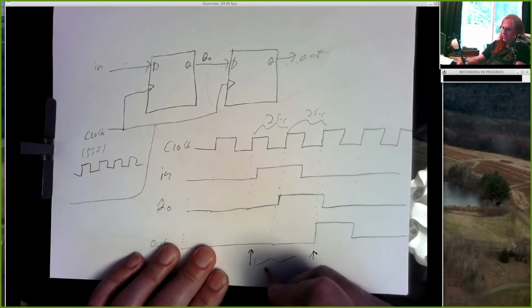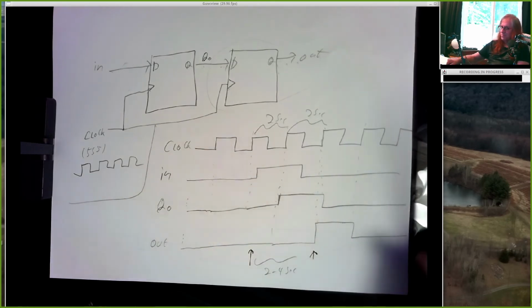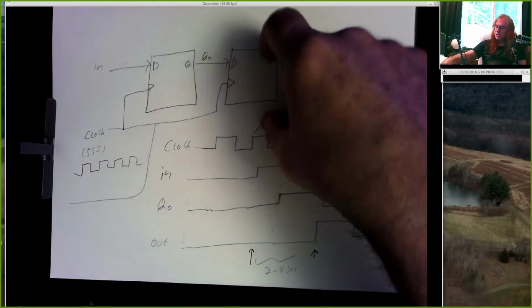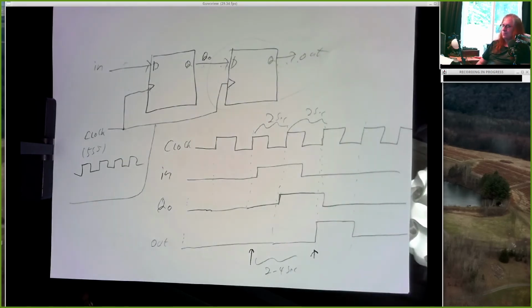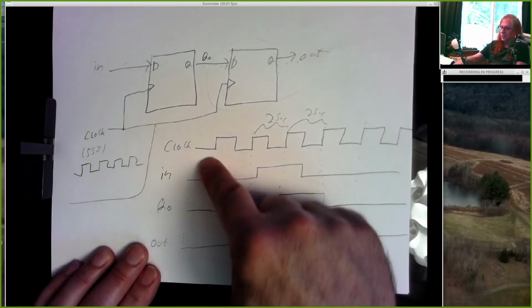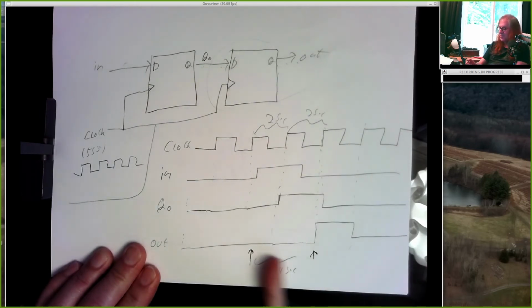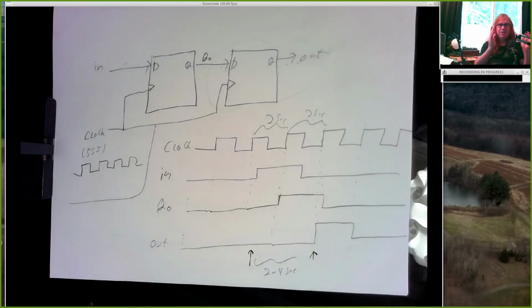So your total delay is going to be 2 to 4 seconds. So this is a circuit you want for experiment 1. And it's a simple delay circuit, but it's also a shift register. If I put in a train of 1s and 0s on the input, I'll see that same train coming out, shifted in time. Well, that's all a delay is, it's a shift in time.